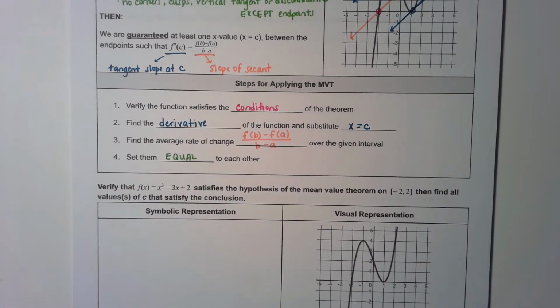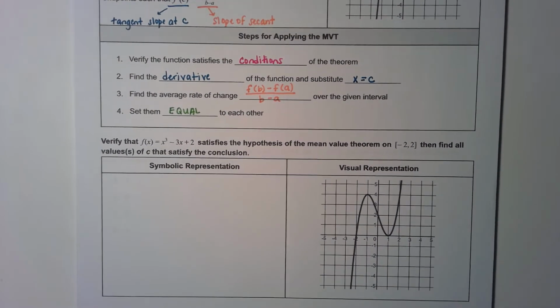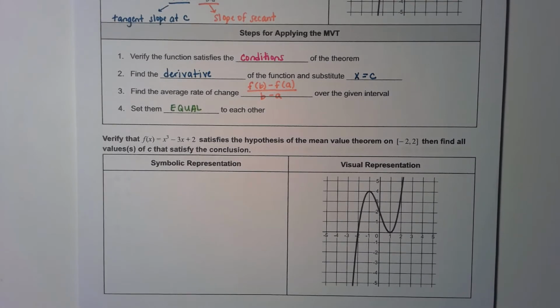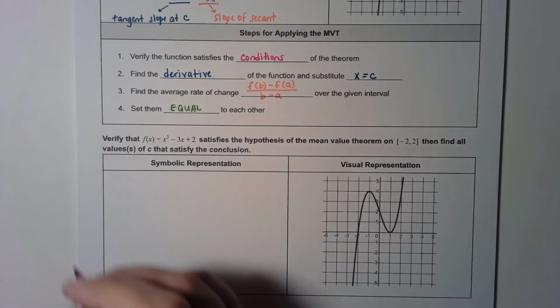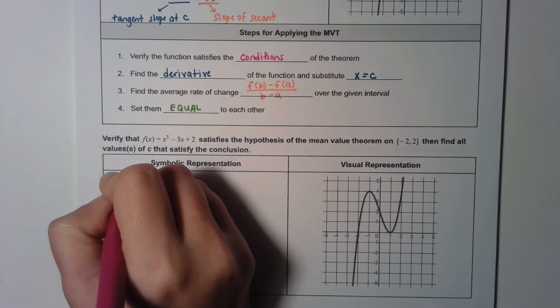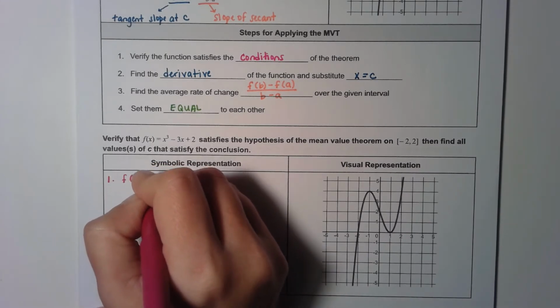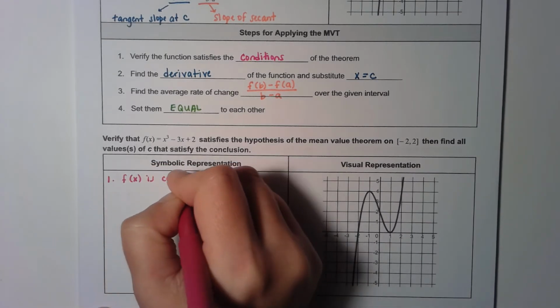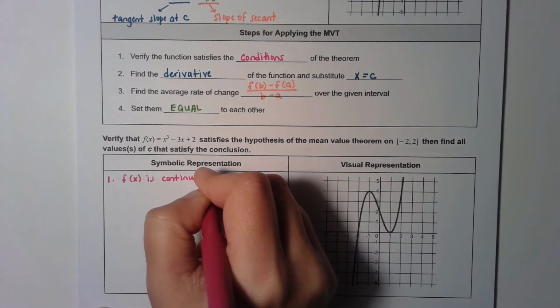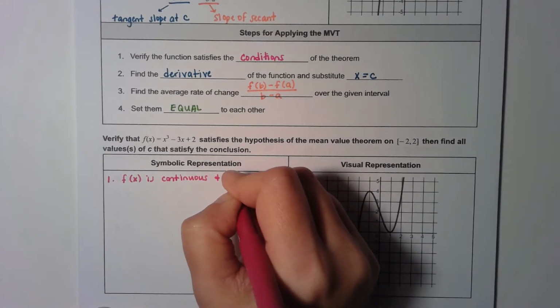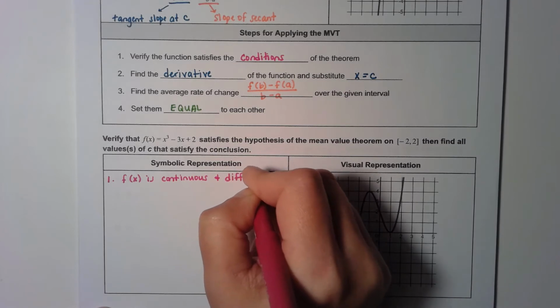Now we're going to go through this a couple different times, and I want to also show you a visual representation so that you can kind of see it in action. So first, let's verify that x cubed minus 3x plus 2 satisfies the hypothesis, which is the conditions, and then find all of the values of c that satisfy the conclusion. So symbolically, number one, f(x) is continuous and differentiable because it's a polynomial.